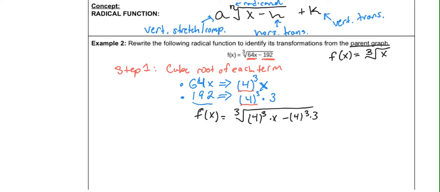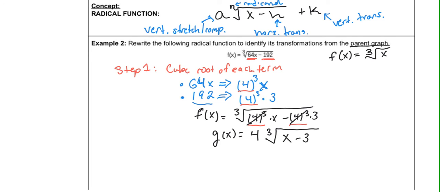That's because I want to take out from each term something that we can take the cube root of. So when I do that, I'm going to change it to g of x because it's a new function. We took out a 4, and then we have the cube root of x minus 3 left over, because this cancels out and this cancels out.